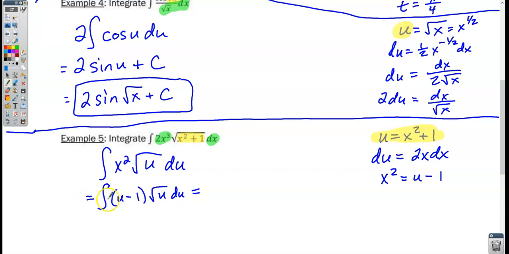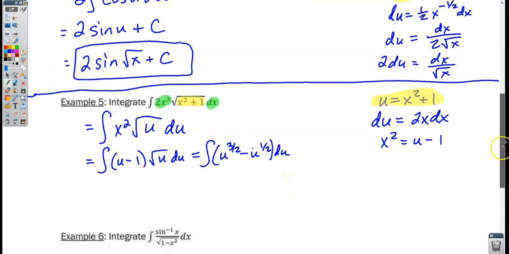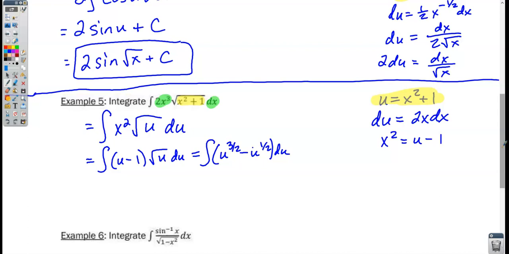And then I can distribute the square root of u through the parentheses, so this becomes u to the 3/2 minus u to the 1/2 du, and then I can go ahead and take the antiderivatives.